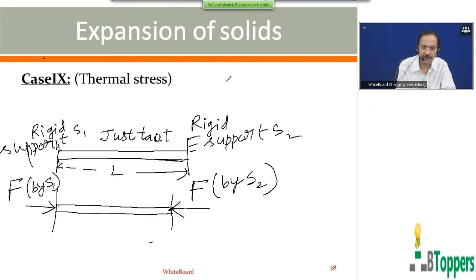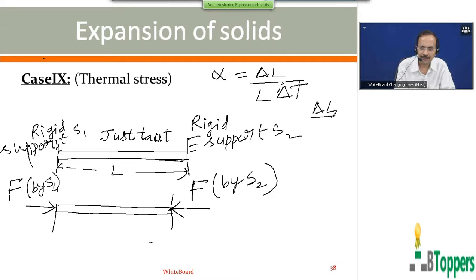Then in case the rod is not placed between the 2 supports, and the rod is allowed to expand, let delta L represent increase in length of the rod. Then coefficient of linear expansion of the rod, you can write increase in length by original length, per unit increase in the temperature of the rod.